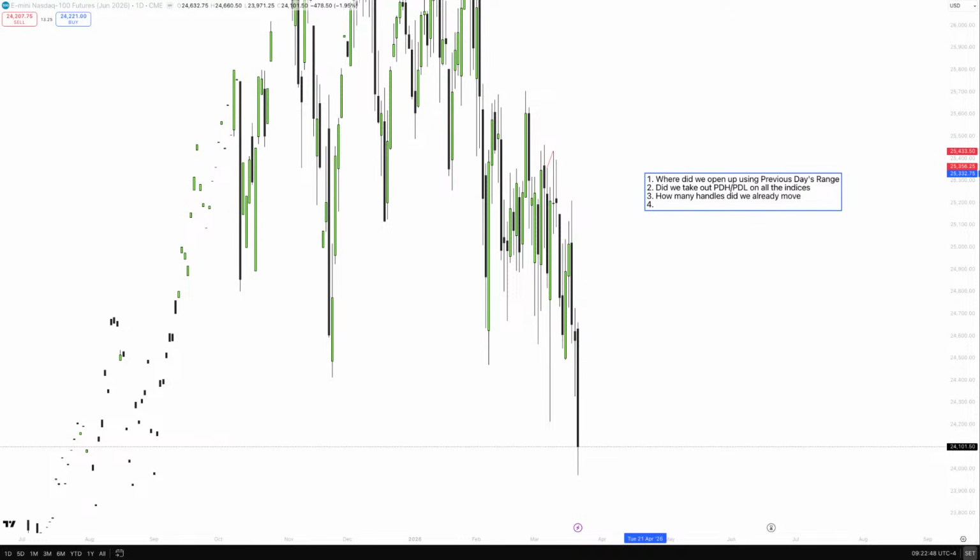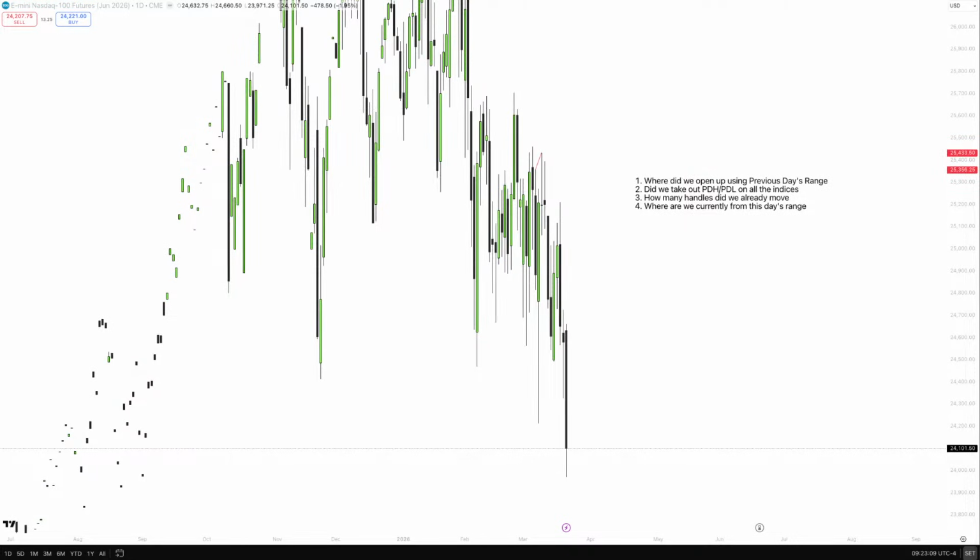So the fourth point I'm looking at is, where are we currently from this day's range? So this is also pretty simple.